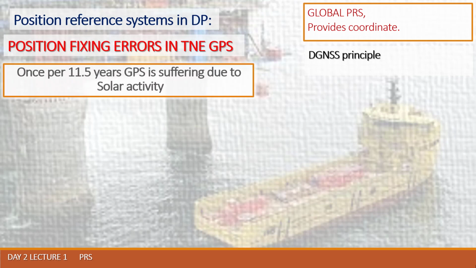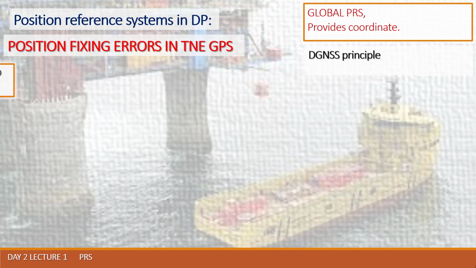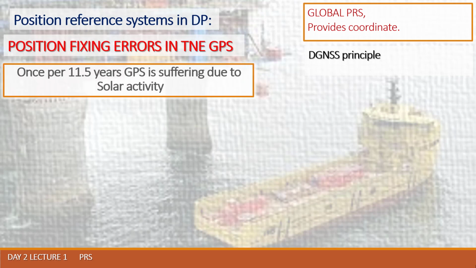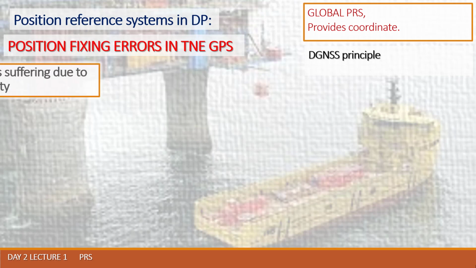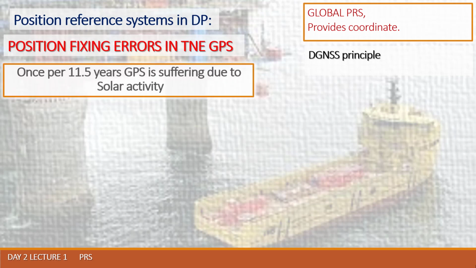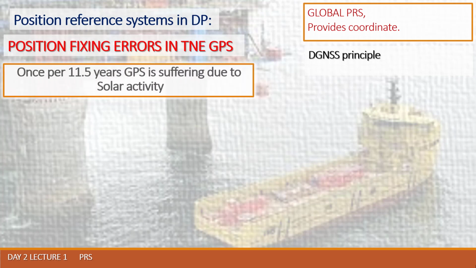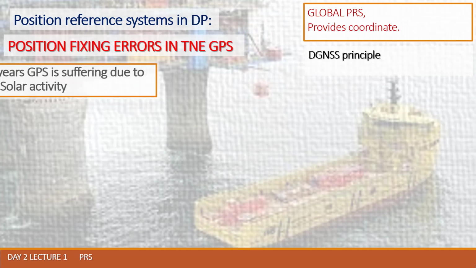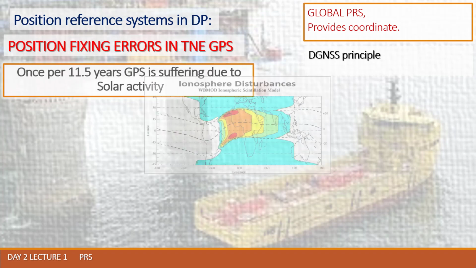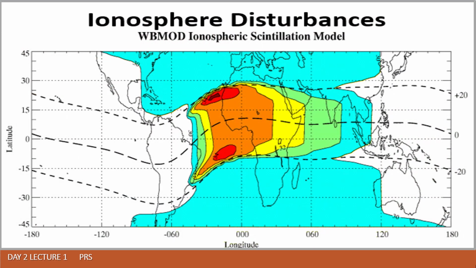It means that periodically the GPS signal may disappear for a certain time, and the use of a GPS receiver will not be achievable for the mariner. Look at the slide and see the geographical area which commonly suffers from the solar activity problem.